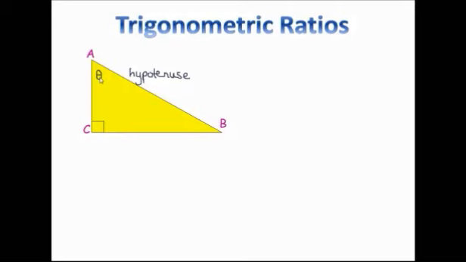But now the side that is opposite our marked angle is this one over here. So this is now the opposite side, and this one would be our adjacent. Okay, so that's the first step that you're going to go through when you're doing any of these trig problems, is just labeling your sides.